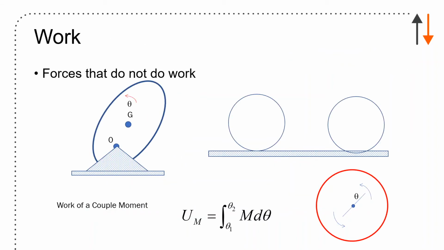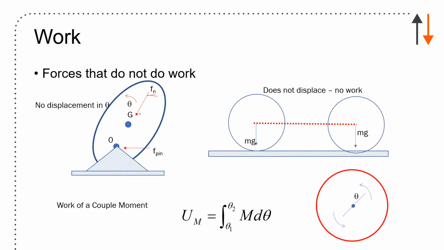So, forces that do no work include the work of a couple moment, because they displace both in the same direction, and also forces that are normal. So you have here, for example, a force that is going directly in towards the center, and it never displaces, and the force at the pin never displaces.